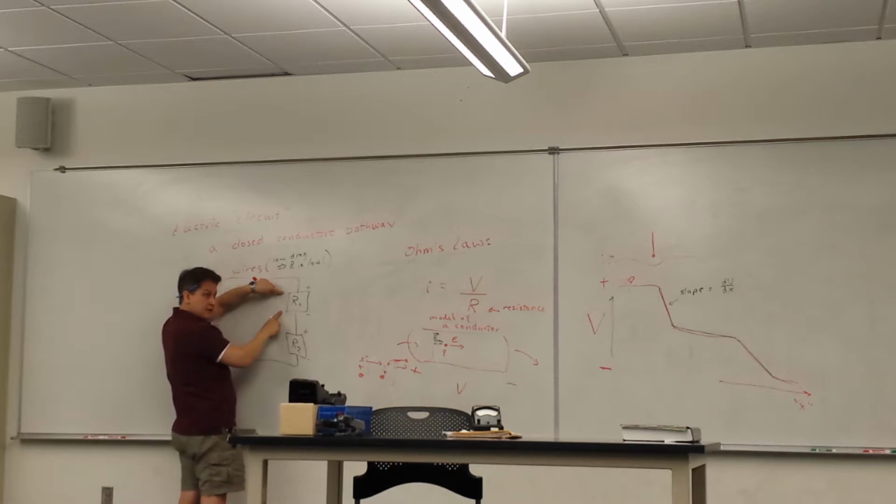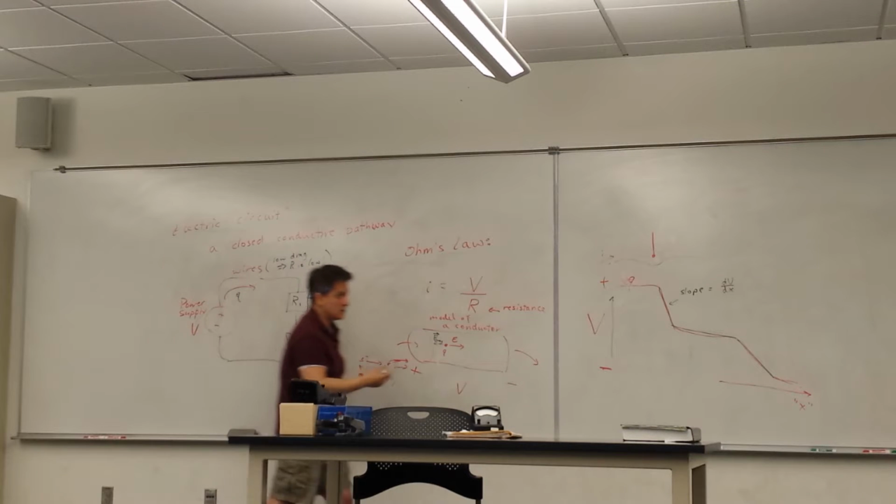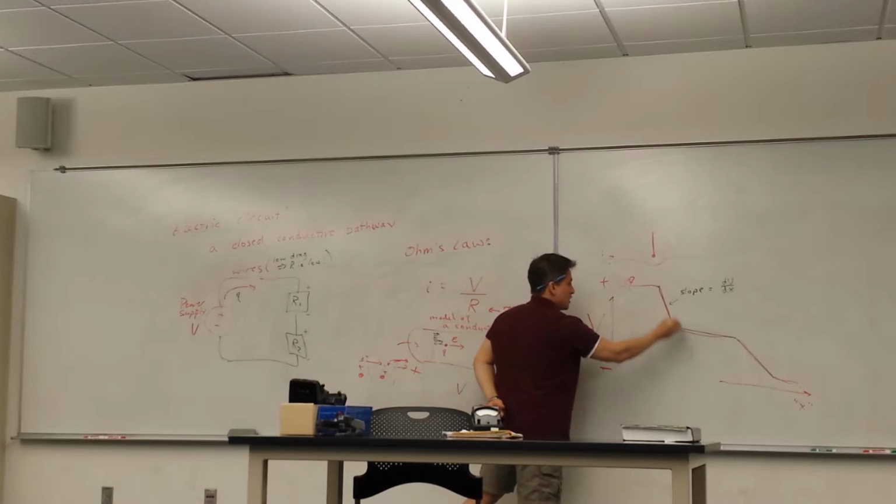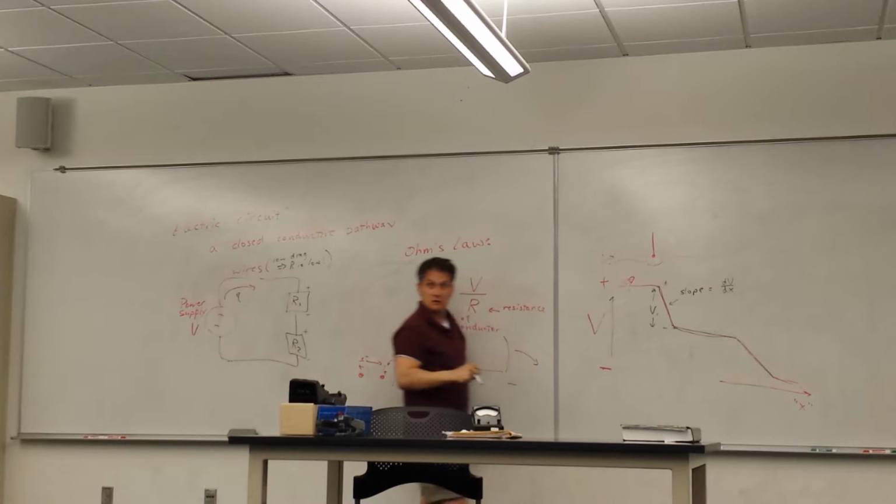So if we thought of this as having a potential difference from one side to the other, say from here to here, you're higher here than you are there, we could call this voltage drop maybe V1.